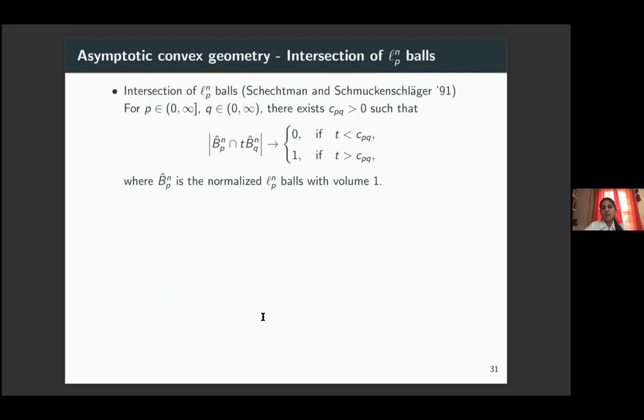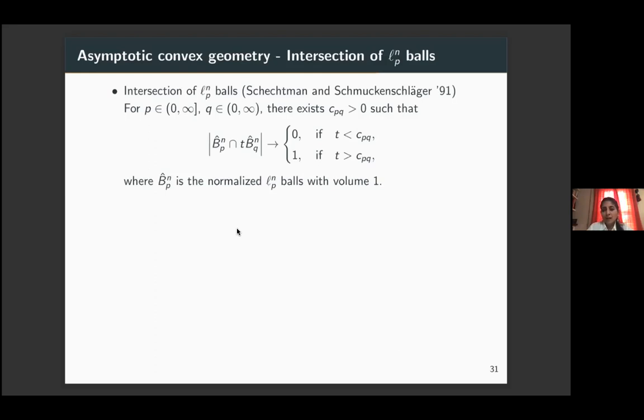What they showed is that if you normalize the BP ball so that it has unit volume, and that's what this hat represents, normalized for unit volume, and you look at the intersection of one with a certain multiple t of the other, then you get a phase transition: there's some explicit constant C_PQ such that if t is less than that, it goes to 0, and if t is greater, then it goes to 1. Now remember that when q is larger than p, then BQN is going to be contained in BPN. That's why you blow it up to see what's happening.